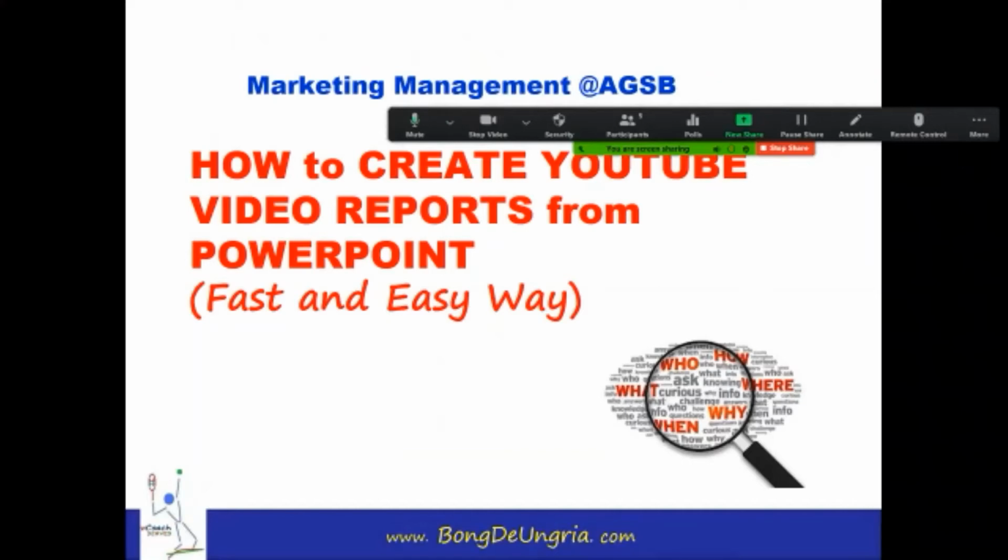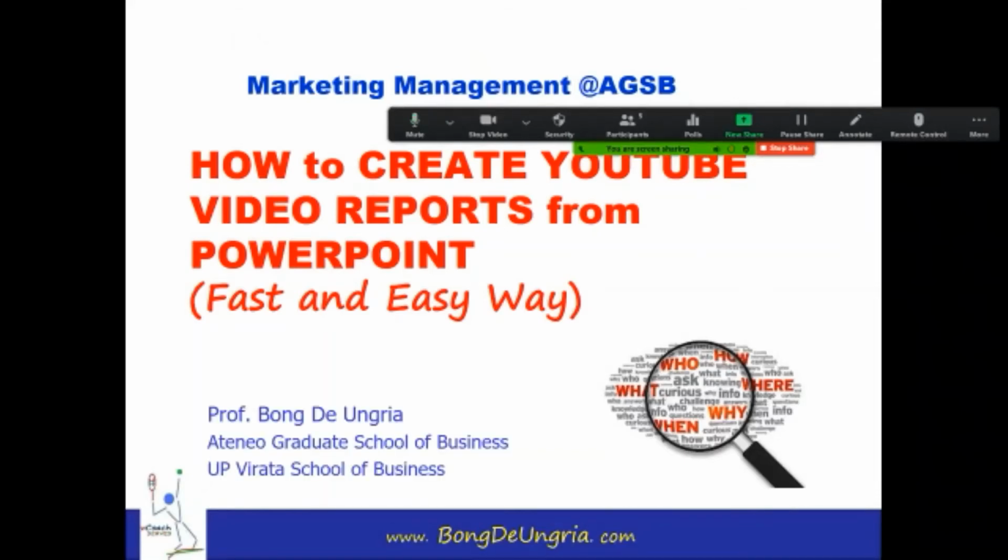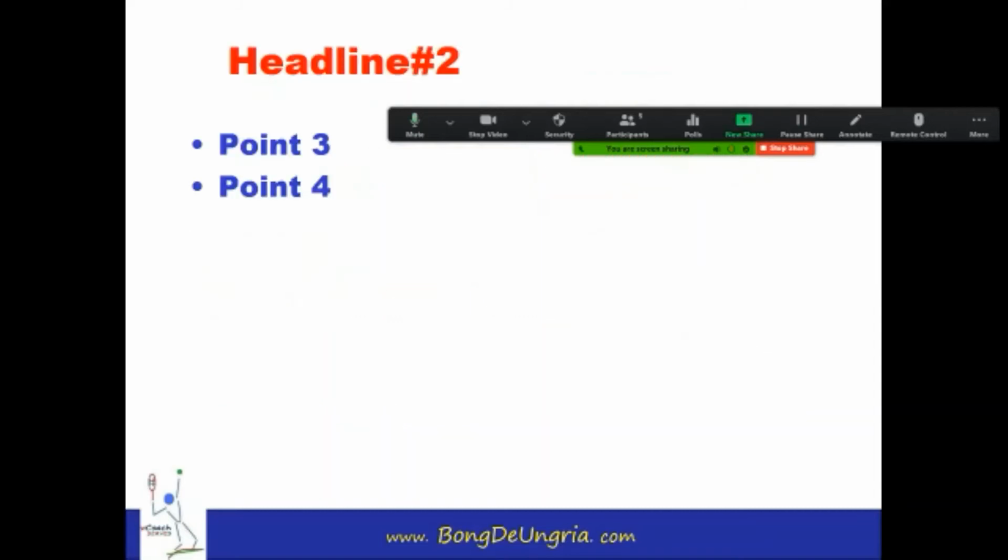Okay, so since I prepared this already, I can start with, hello. So it goes to the next. This is a short video, fast and easy video. And then I go to which brings me to headline number 2, and then to point 3 and point number 4. Okay, so once I'm finished with that, all I need to do is press escape on my keyboard.